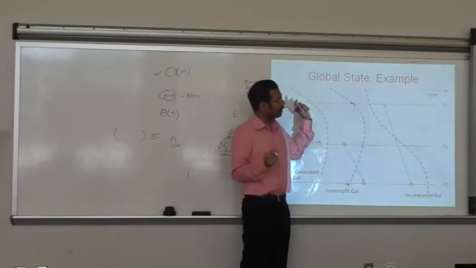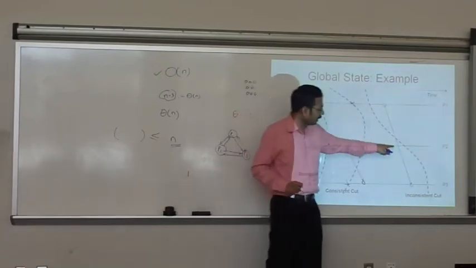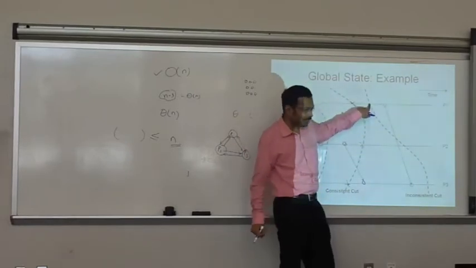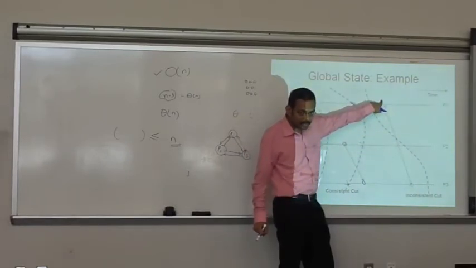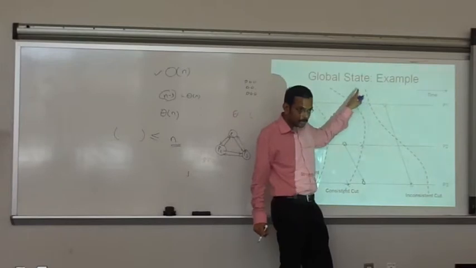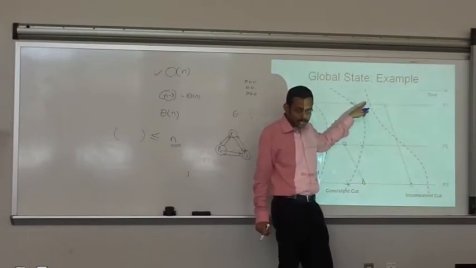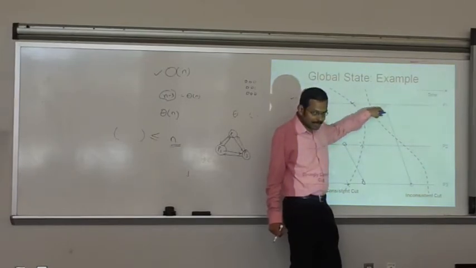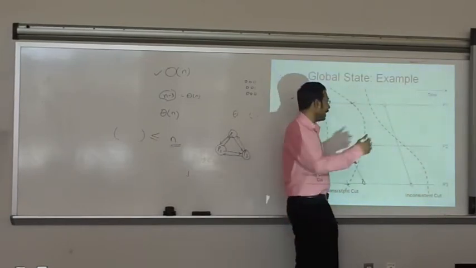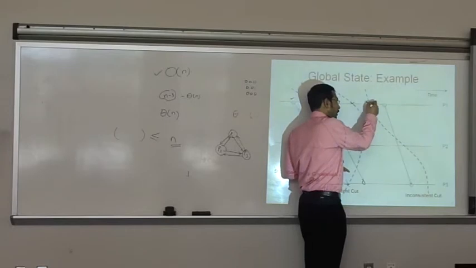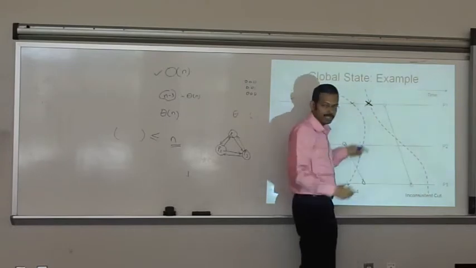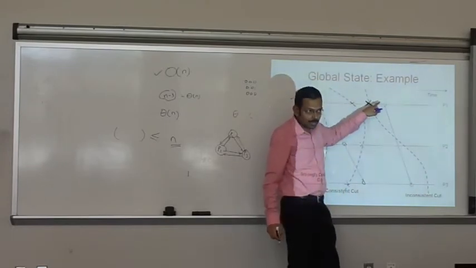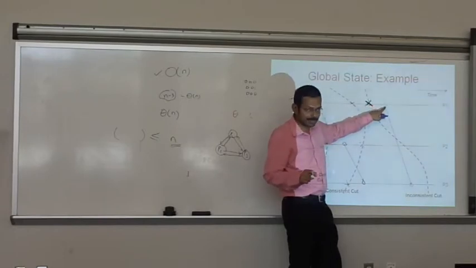So again, when you say it's consistent, look at this case. The snapshot was collected here, the sending event was recorded after collecting the snapshot. So no other process should have recorded this as received, because the sender state says it has not been sent, because the sender state is this instant. The sender state does not capture the sending of this message.